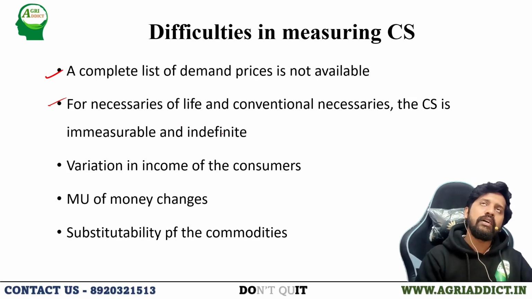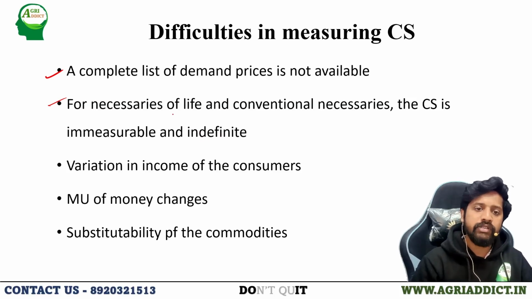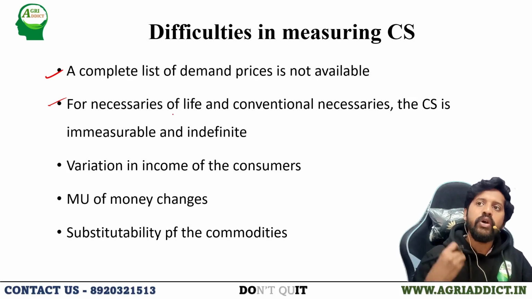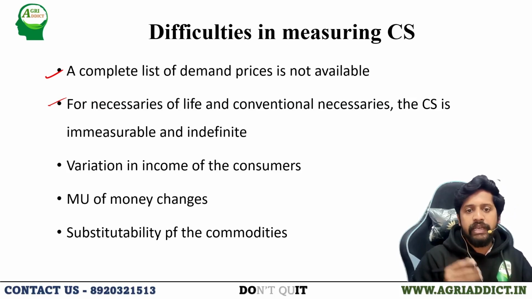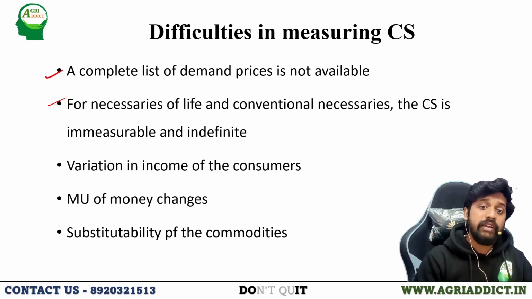For example, we know that rice is one of the basic commodities that we need for our survival, right? Because hunger is our basic need. So in order to overcome that, rice is one of our basic necessaries of life. We have classified our wants into necessaries, comforts and luxuries. Necessaries of life and conventional necessaries are unavoidable in our life, right?